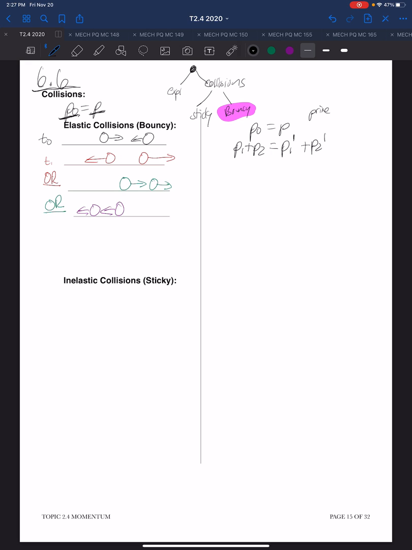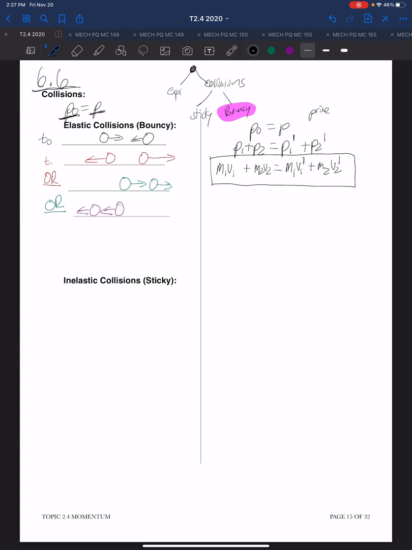Each of those can be broken down further: P1 is M1 V1, P2 is M2 V2, and P1 prime is M1 V1 prime. It's the same object, so it has the same mass, but the velocity would be different. Same thing with particle 2. So we end up with this fundamental relationship for all bouncy types of collisions.